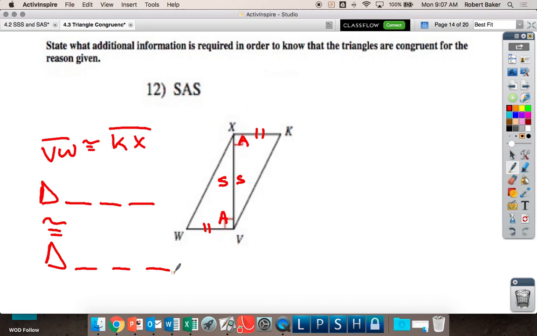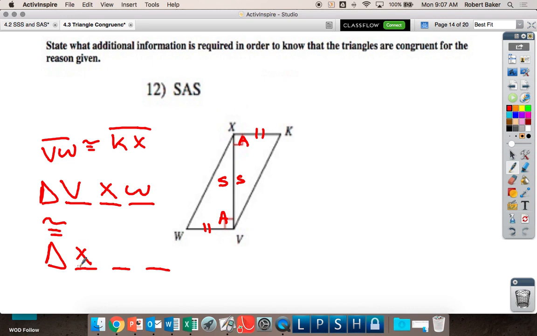Triangle VXW is congruent. Okay, hold on. VXW. That goes from the 90 across the same side and down. And then VXK. So I have to start at the 90. I went up and down. So where do I have to start here? I have to start at X, go across the same side, and back down.